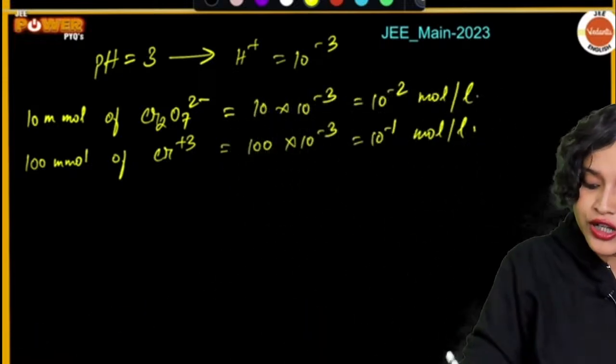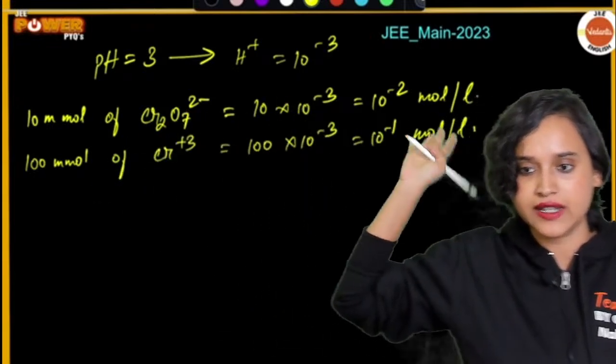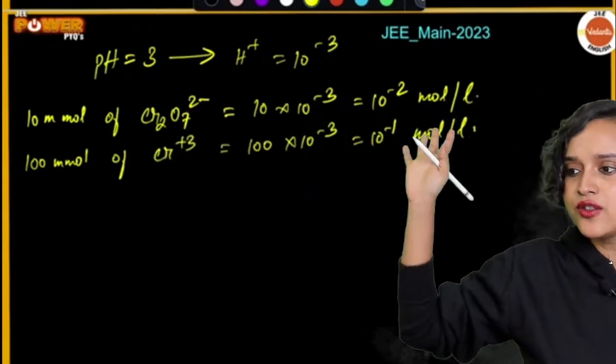Moving on. So 100 millimole of Cr plus 3 is equal to 100 into 10 to the power minus 3, which is 10 to the power minus 1 mole per liter.